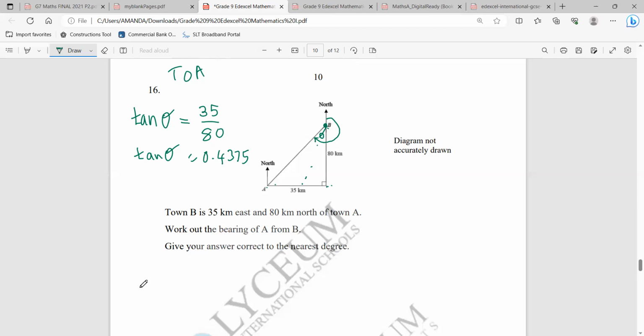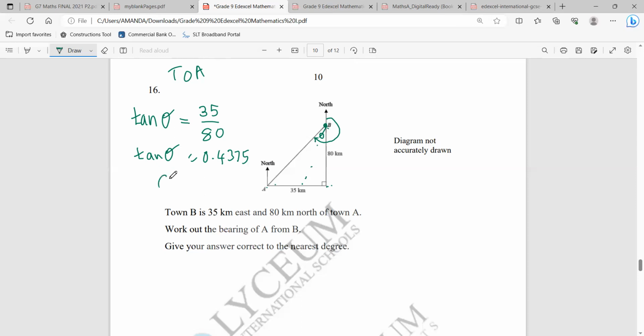Tan inverse 0.4375. It's going to equal, okay.